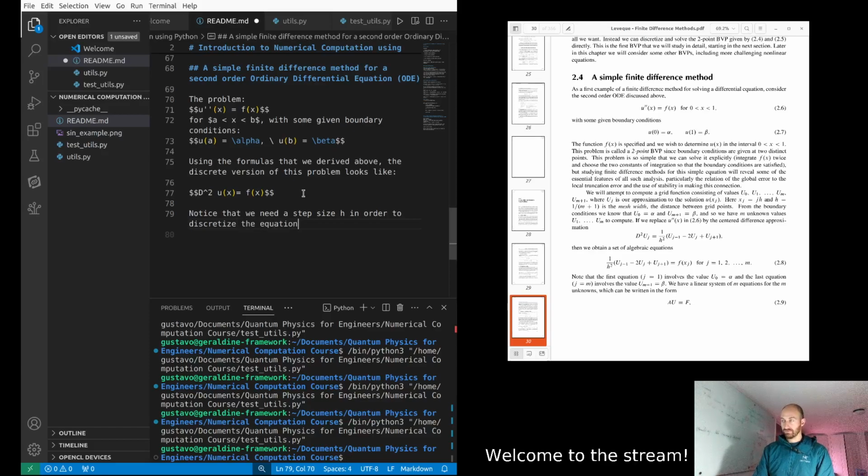This leads us to split the domain, which was the interval a comma b, into chunks of size h. Those chunks look like, for example, a plus h, a plus 2h, and then all the way to b minus h, comma b.